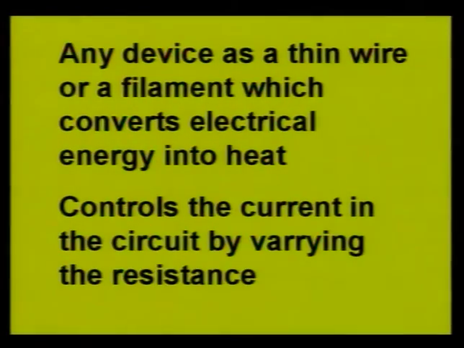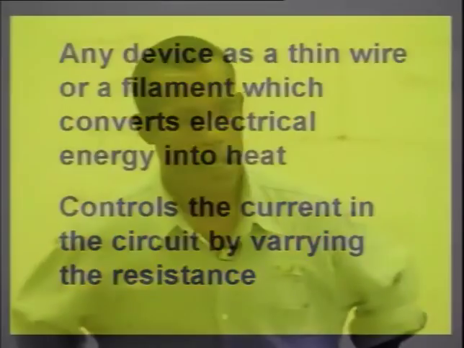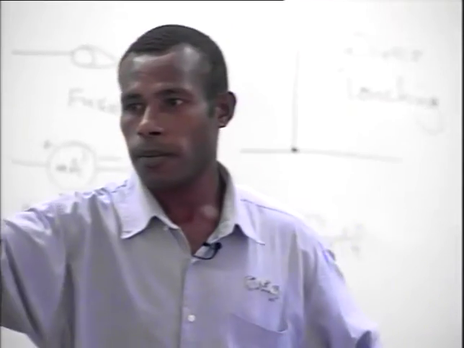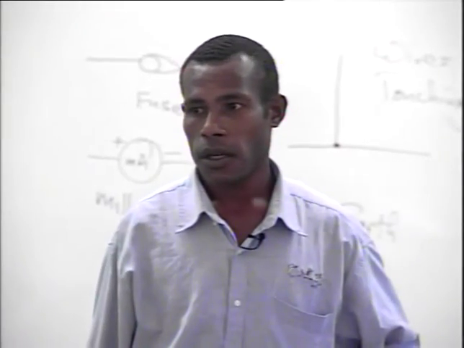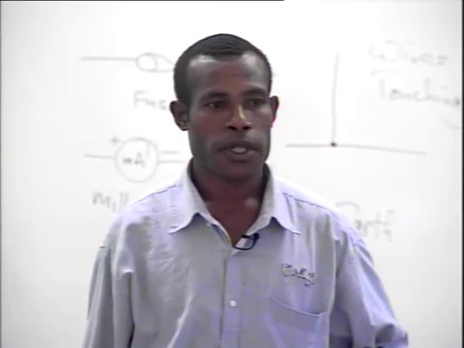It controls the current in the circuit by varying the resistance. That is why we call it that. An example of that is a rheostat. A rheostat is seen on the desk over there. That is a variable resistor.